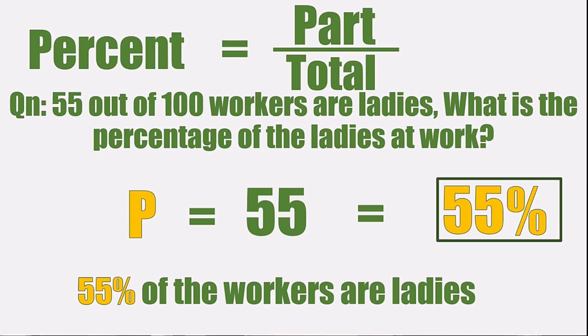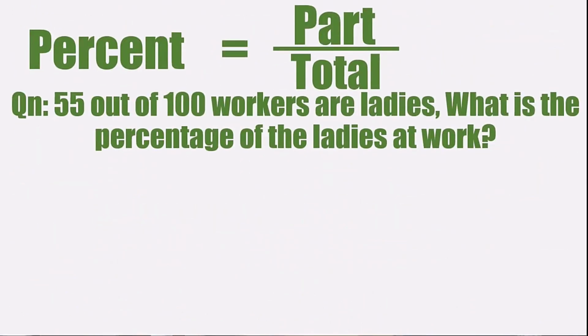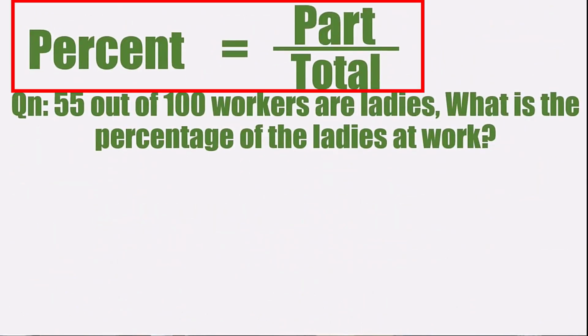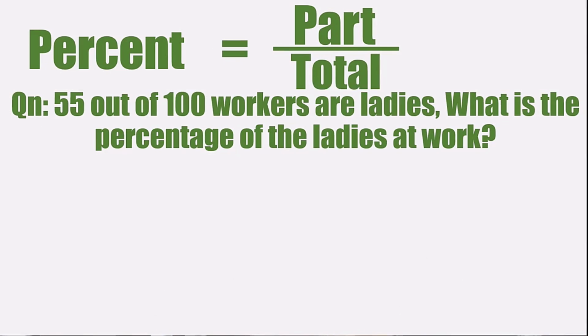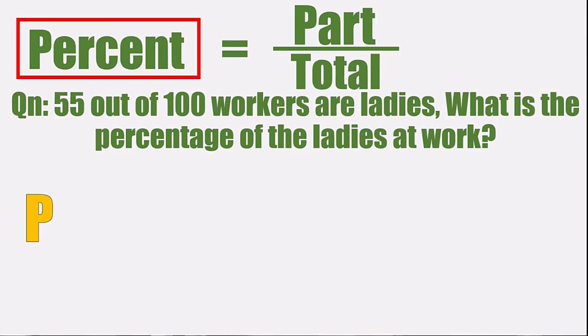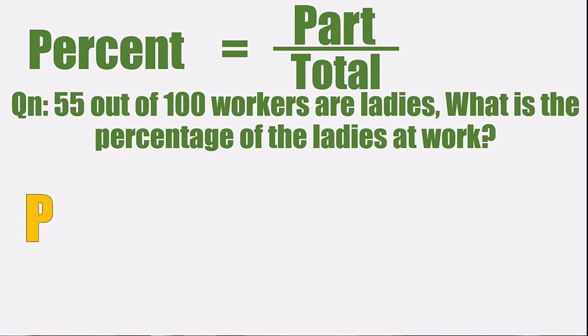If you don't want to calculate your percent like this, you can first turn it into a decimal, then change it back to percentage. Let's see how that's done. So I'm going to go to the next slide. Now this is our formula and this is the same question that we have just seen. We can also get it using P, which is the percentage. Even if we are just putting P here, we need to put at the back of our mind that it's P for every 100.